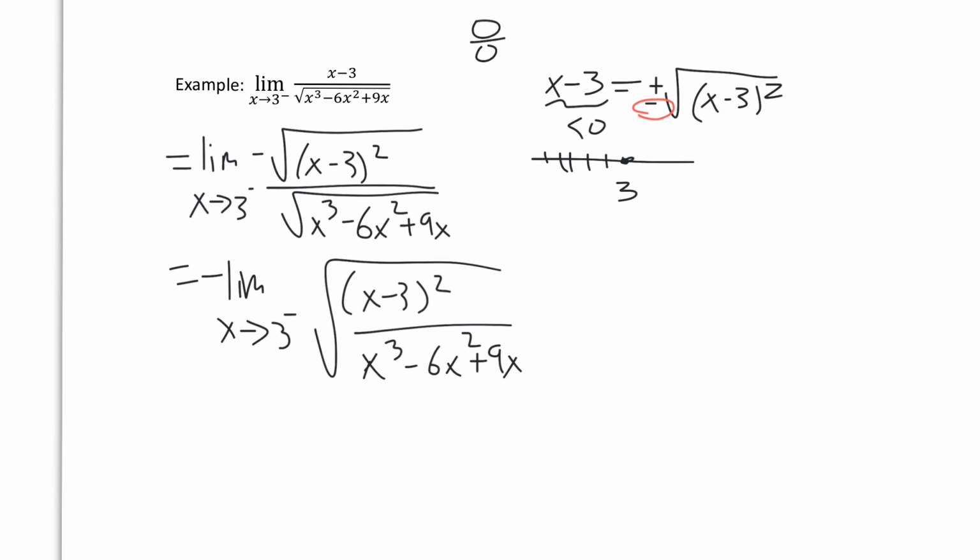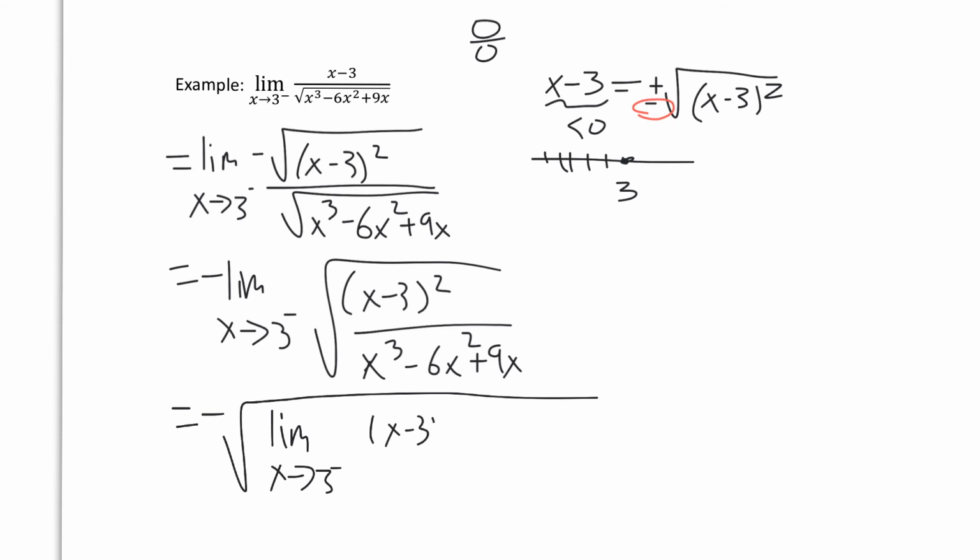Now another limit law says that if you have the limit of a root, it's the root of the whole limit. So we can take that square root all the way out and just look at the limit as x approaches 3 from the left of x minus 3 squared over x cubed minus 6x squared plus 9x.